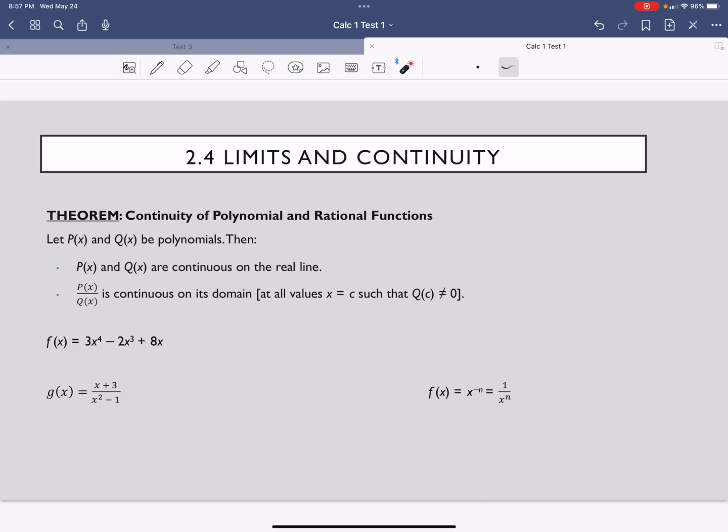on its domain. In this situation, our domain does not include positive and negative 1, but it's still continuous on its domain. That is what this is telling us.